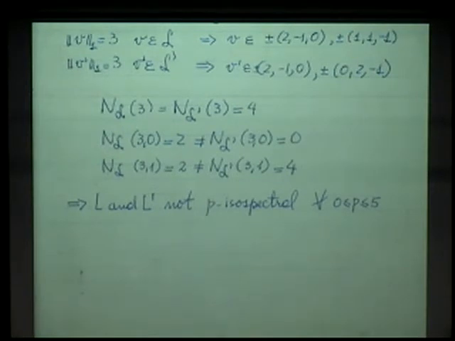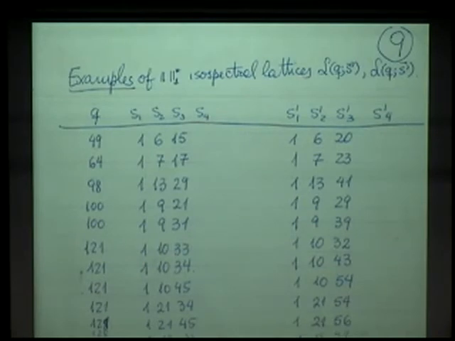So they cannot be p-isospectral for all p. Actually, they are not 1, 2 and 3 isospectral. So this is the simplest. Actually, Ikeda never gave any examples. So these are the first examples that are p-isospectral for all p.